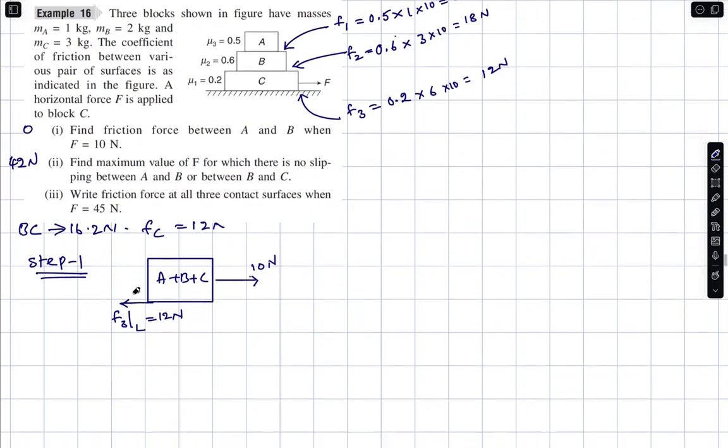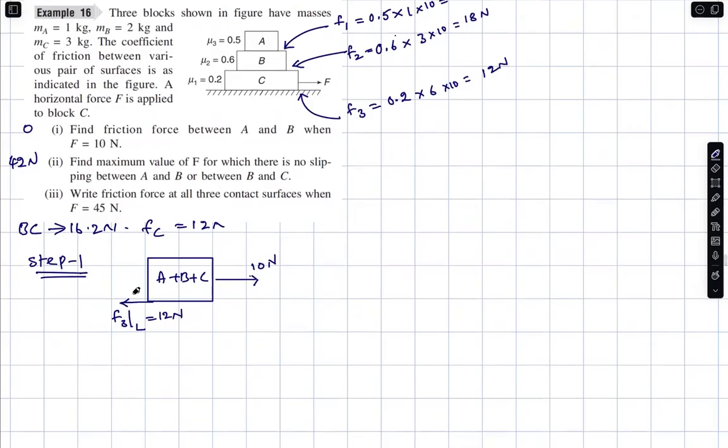Post me your comments. What happens to C? Nothing. It won't move. Block C is at rest. When block C itself is at rest and the external force is acting on C only, how will A and B move? And clearly A and B are at rest.